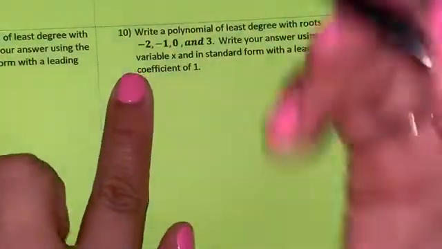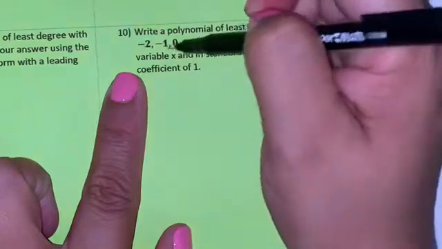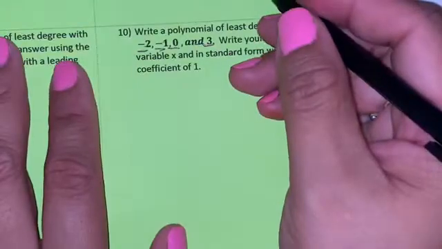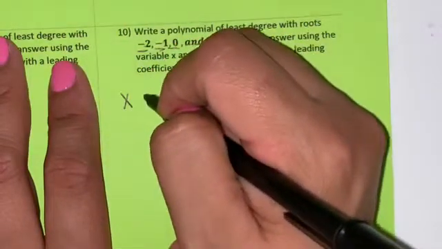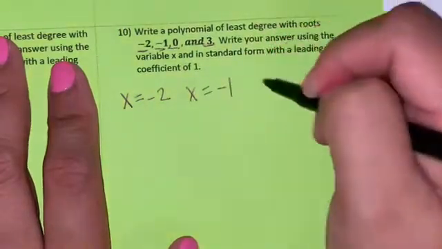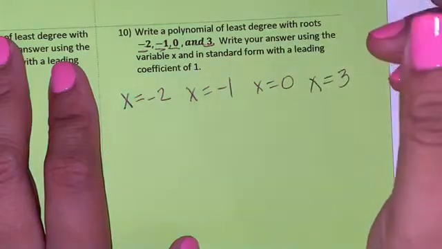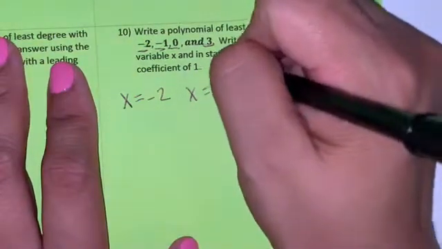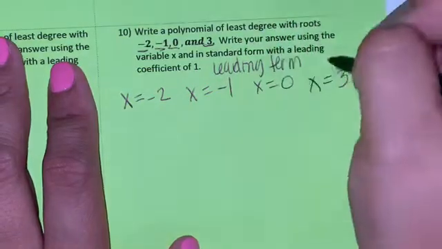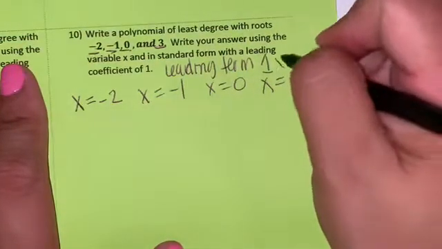number 10 has 1, 2, 3, 4 roots. So now I can say that I have x equals -2, x equals -1, x equals 0, x equals 3. So I know that my leading term needs to have a 1 coefficient, but it's going to be x to what power?